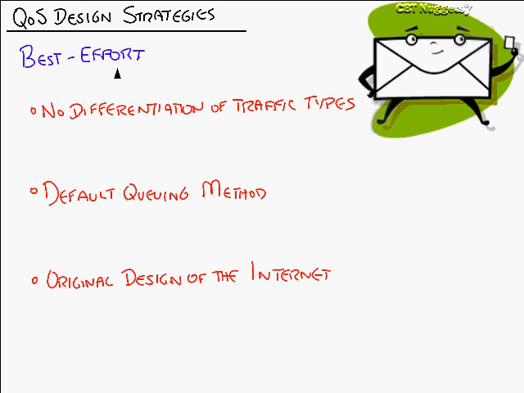And I don't really look at it as a design strategy. This is just how it works without quality of service. You have no differentiation of traffic types. And wow, networks today, what a diverse set of traffic types that we have. With the internet on the rise and everybody jumping out to get there, you have web traffic, FTP traffic. I mean, the type of traffic, you name it.